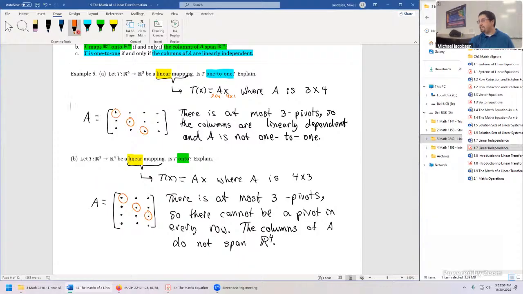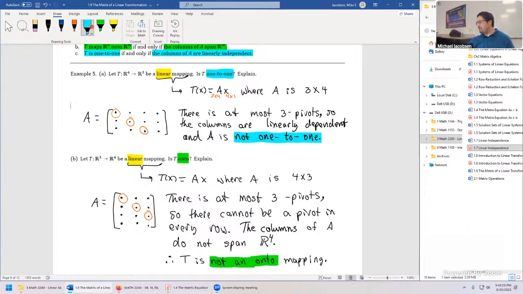So our conclusion here is then finally, therefore, T is not an onto mapping. Or we could just say T is not onto, or we could say T is not an onto transformation. Loads of different ways to say this. If you just say not onto, that's the big punchline with this one.